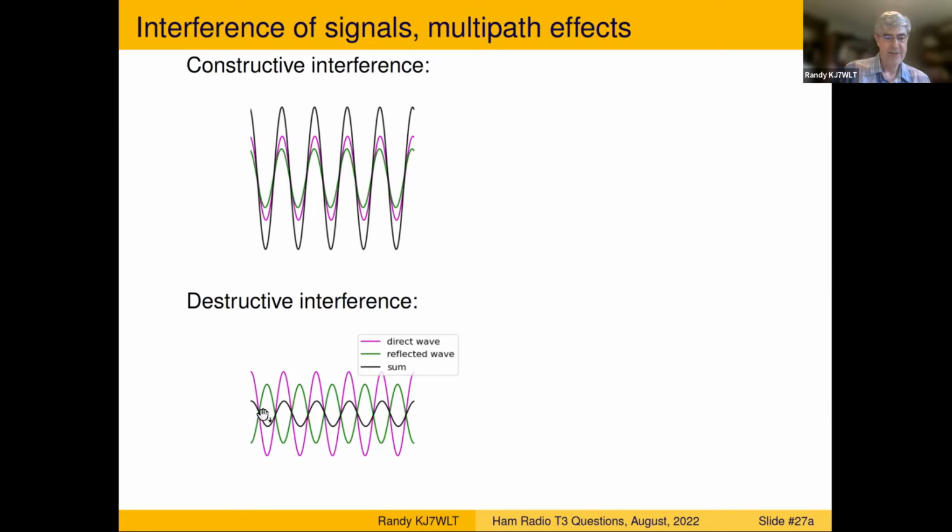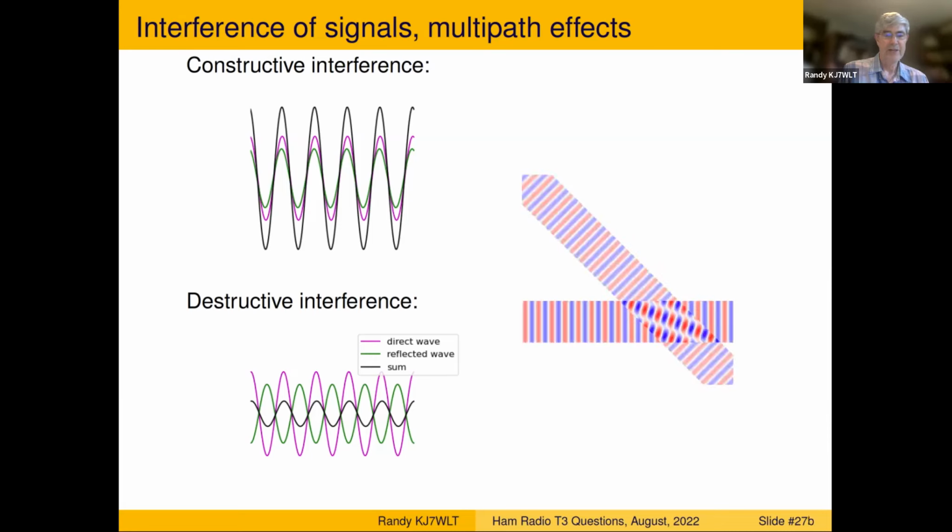Then when you add the two together, you get the black wave here that's much smaller than either one, because the peaks of the purple wave are canceling out with the troughs of the green wave. So in these two pictures, it may not be clear to see, but the purple wave and the green wave are the same magnitude in both cases, but the black wave, the sum of what you're actually receiving with your radio, is very different.